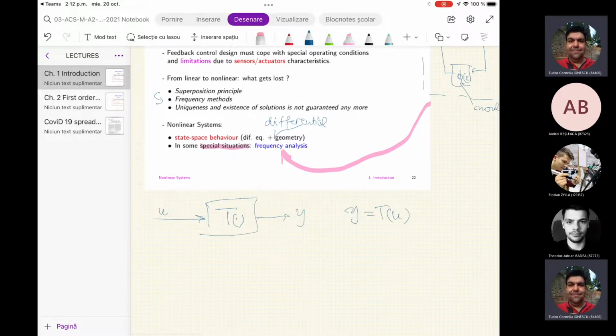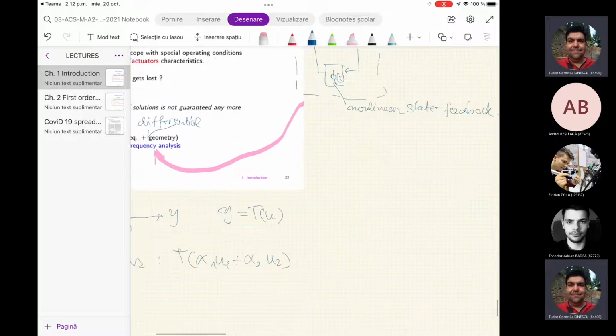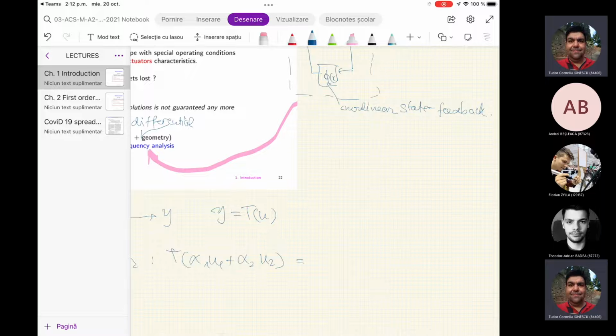Linear meant that T of u is, let's do the most general version using also some constants, T of alpha 1 u1 plus alpha 2 u2 equals alpha 1 T u1 plus alpha 2 T u2.